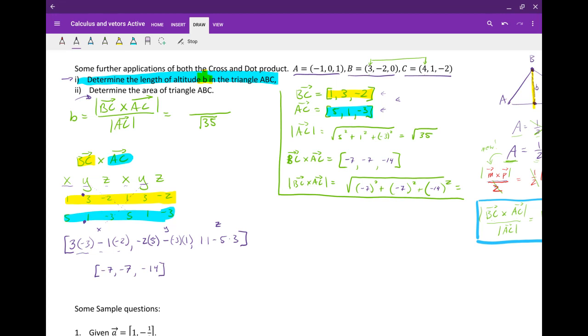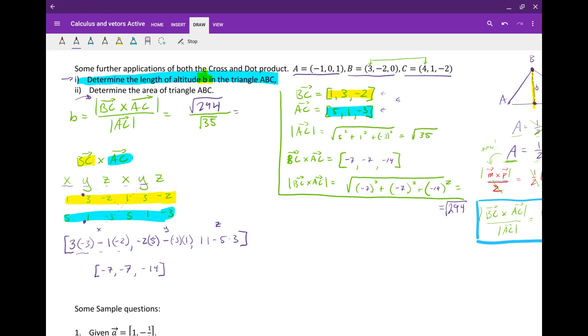All right. So I'll write that here, the root of 294, the magnitude of the cross product. So that's the root of 294, okay?